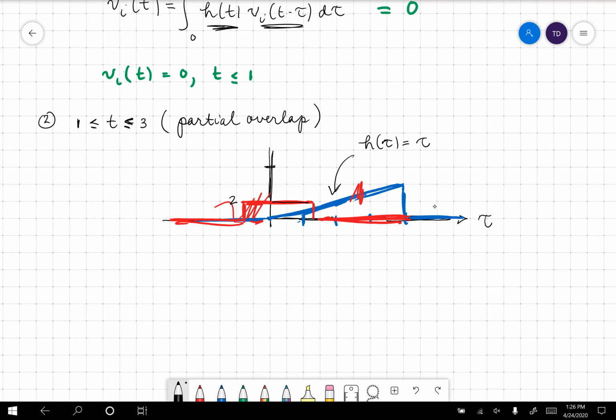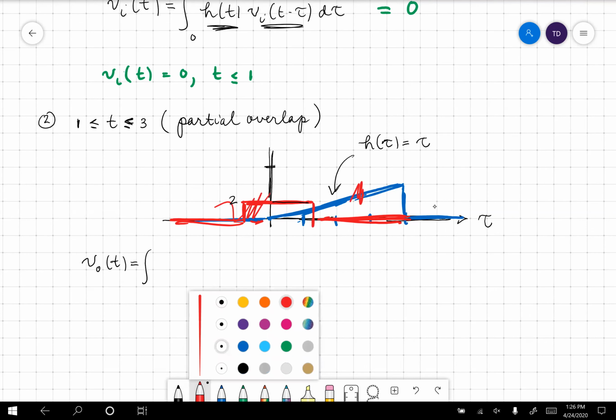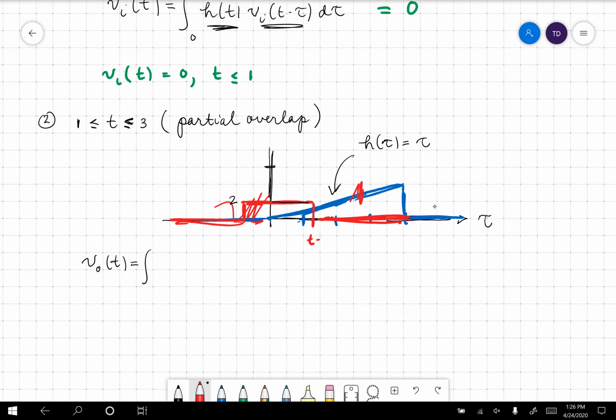I have the output, u of t, equal to the integral from where to where? Well, what's this leading edge right here? This leading edge is going to be t minus 1, and the trailing edge here is always t minus 3.